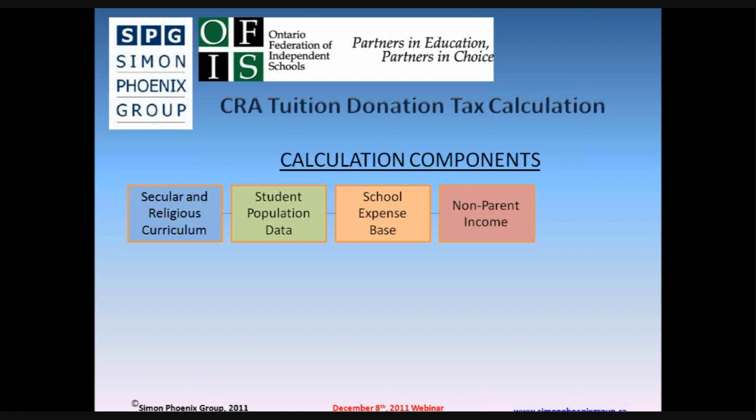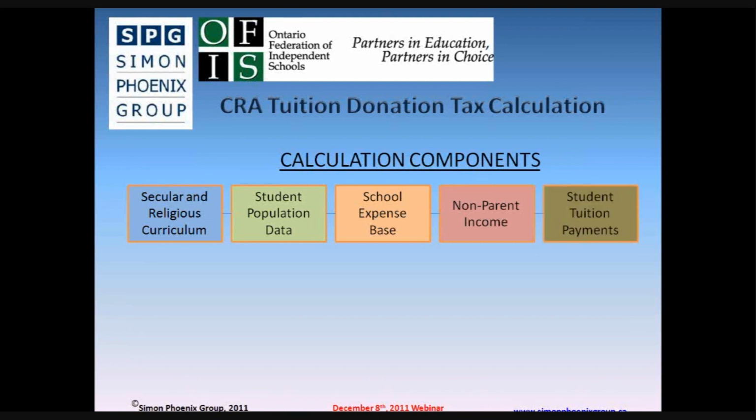Those donations received essentially become a reduction of the gross secular costs. So what that means is that the Canada Revenue Agency is really putting it back on schools, faith-based schools that are registered charitable organizations, to go beyond their immediate parent community to seek out donations in order to be able to better fund their programs.